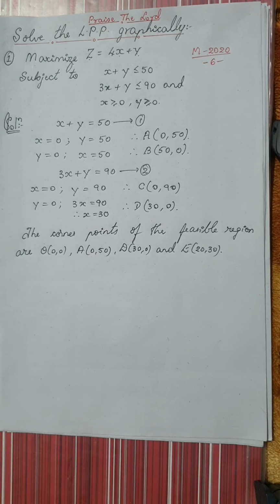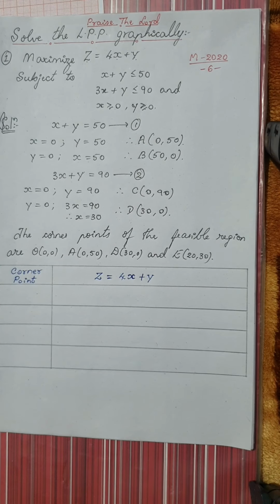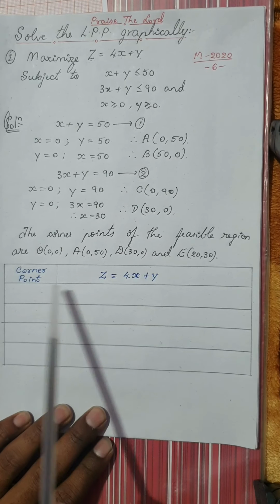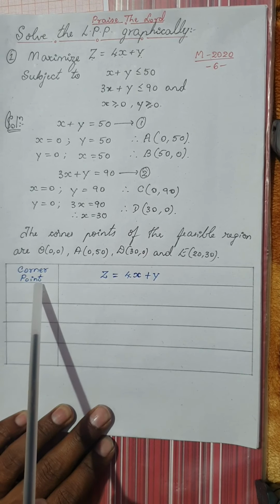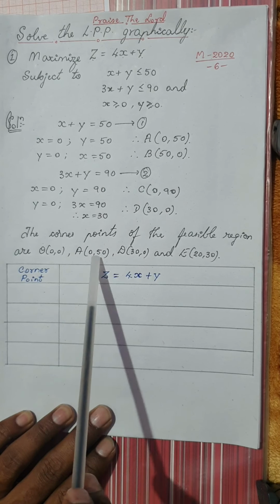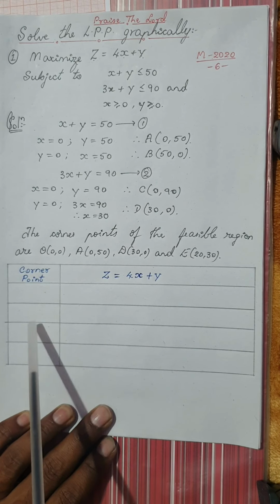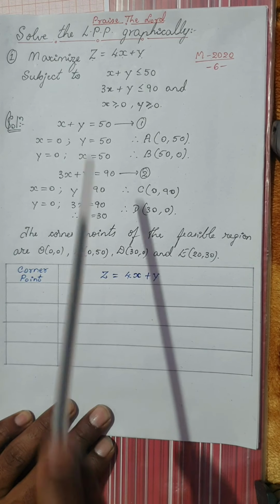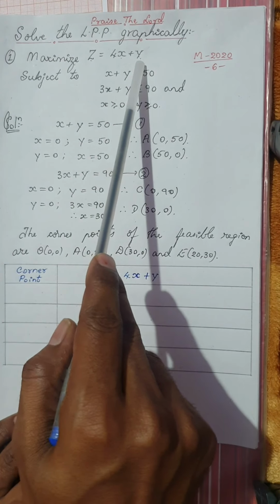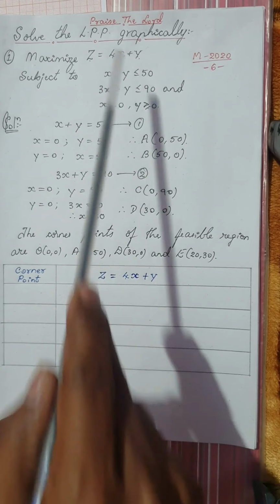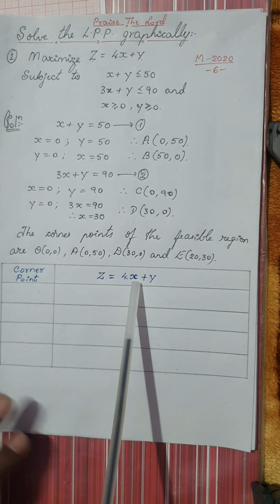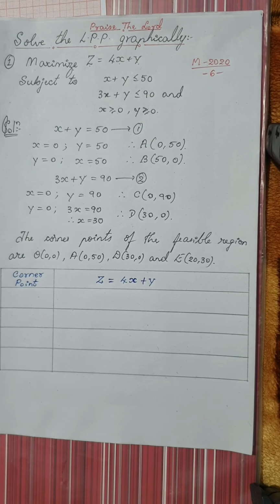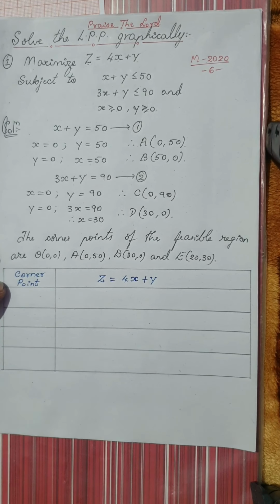Dear students, to make your work look neat, let us make a table here. One is for the corner points. Here I have 4 corner points, so I have made 4 rows. This is where I will calculate what happens to the objective function z. Whatever the objective function is, just write it down as it is. So let us start calculating the value of z at each corner point.